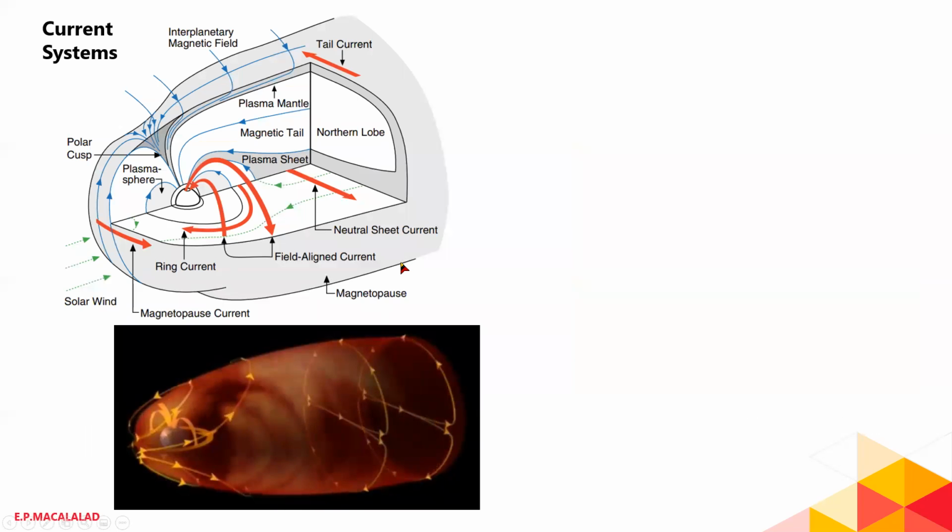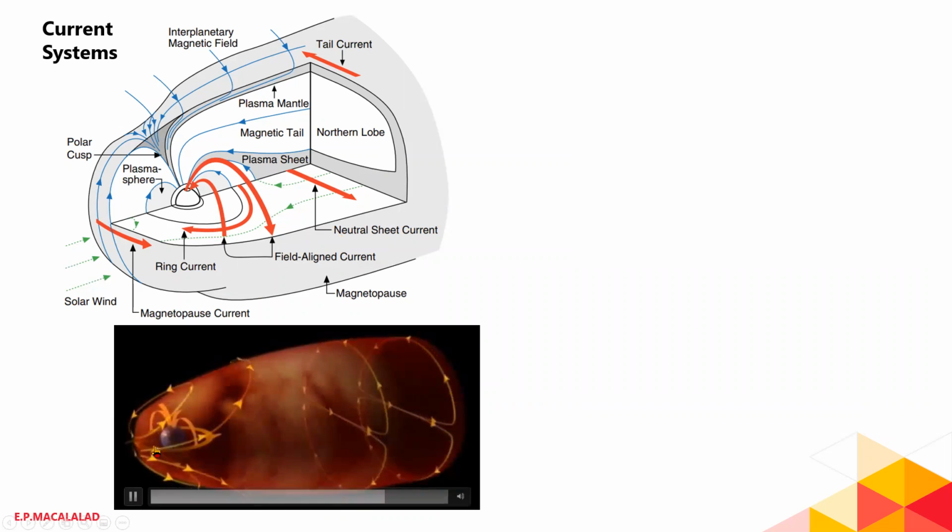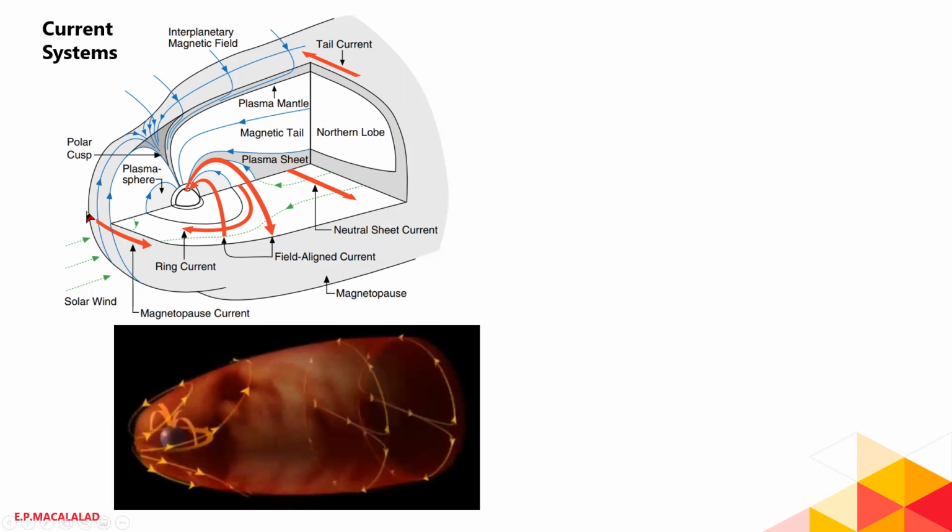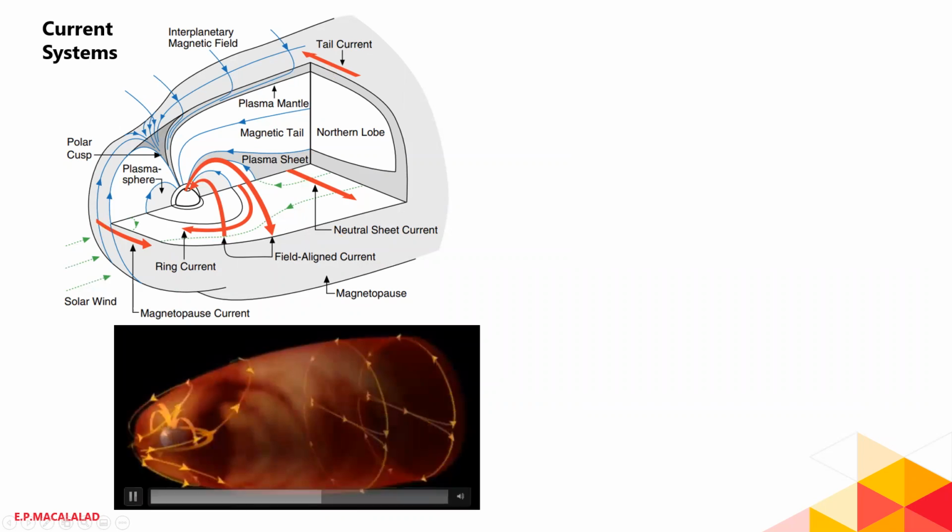So as you already learned before, there are four or five major current systems in the magnetosphere. You have the ring current, then you have the magnetopause current, the field-aligned current, the tail current, and the neutral sheet current.